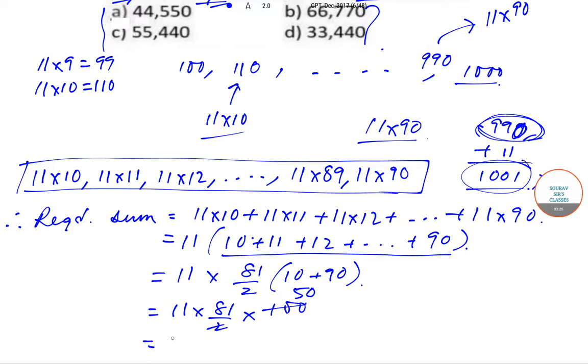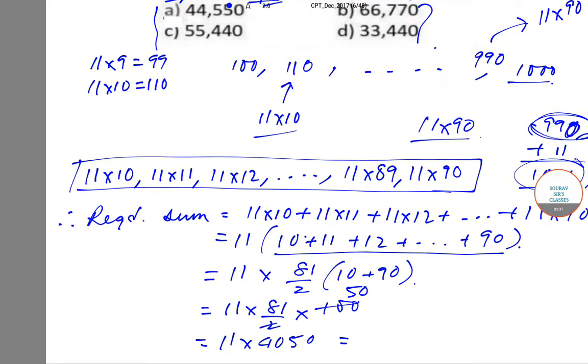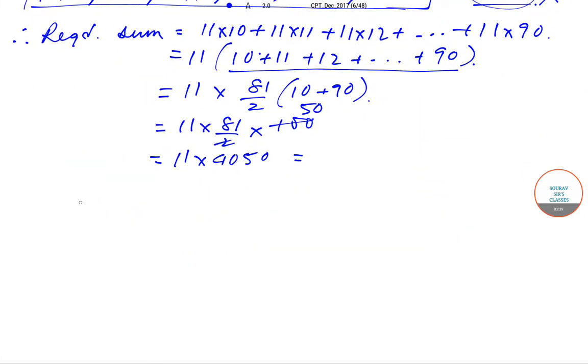And finally we'll have 11 into 81 into 50, which is 4050 as the number that will come up. So 11 into 4050 will be equal to 4050, then another 4050 added.